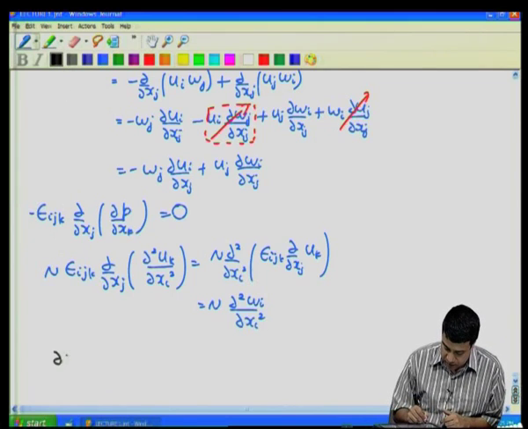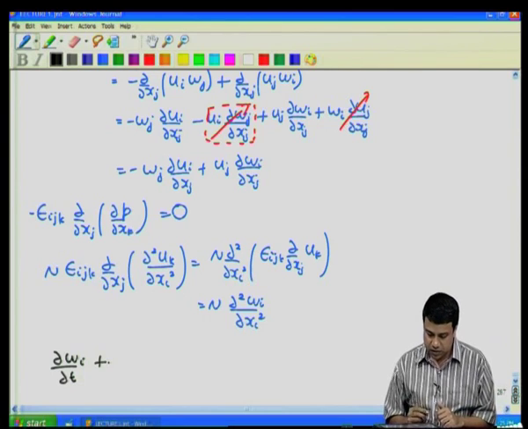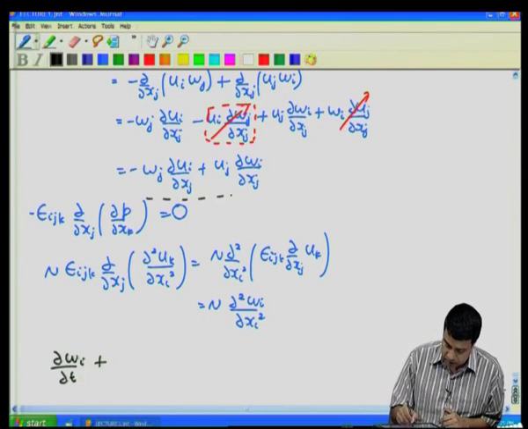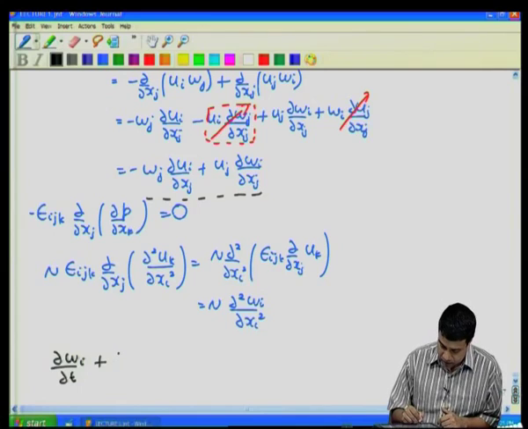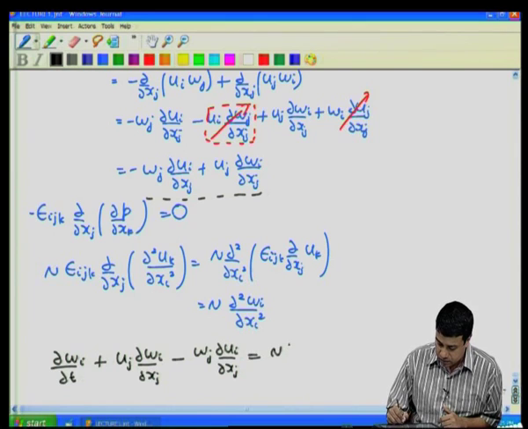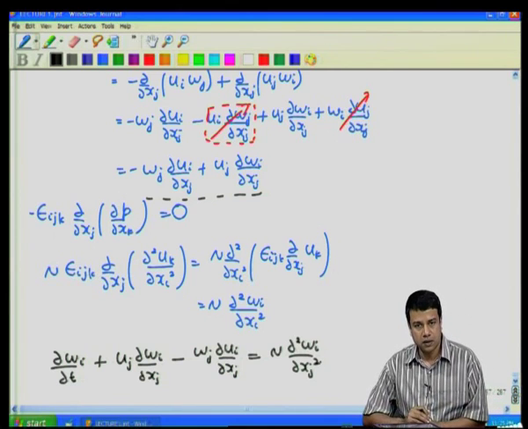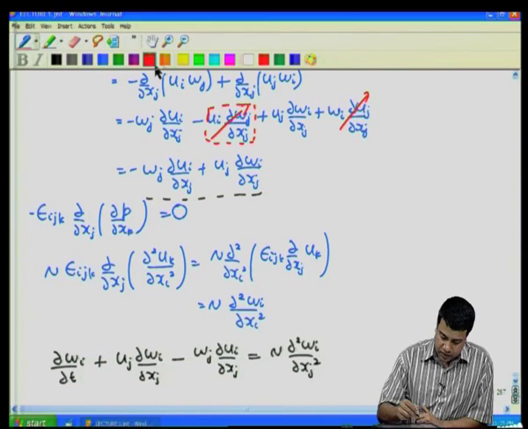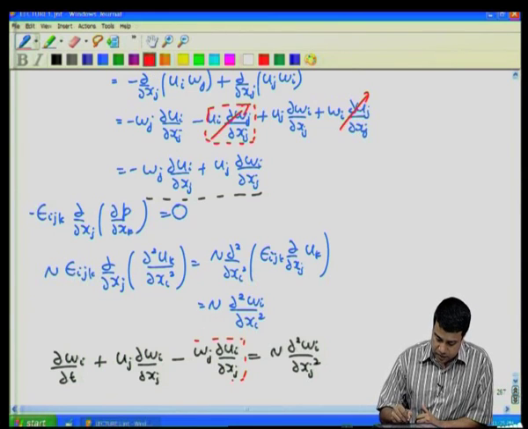The first term is partial omega i by partial t plus, there are two terms here, u j partial omega i by partial x j minus omega j partial u i by partial x j is equal to nu partial square omega i by partial x j square. I can take this term to the right hand side.